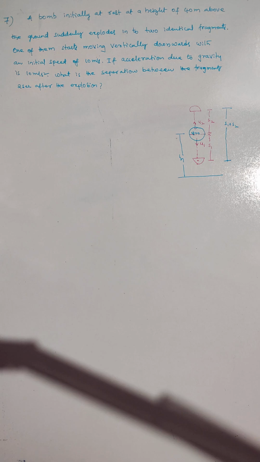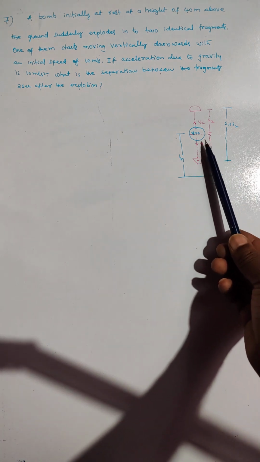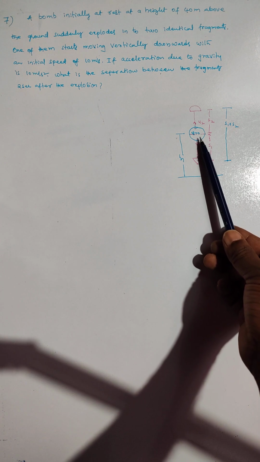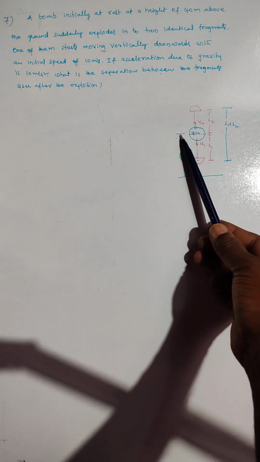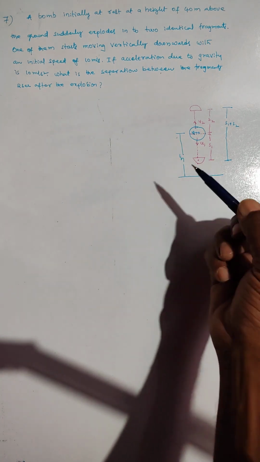If acceleration due to gravity is 10 meters per second square, what is the separation between the fragments 2 seconds after the explosion?